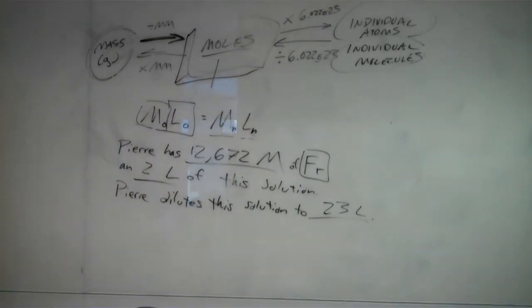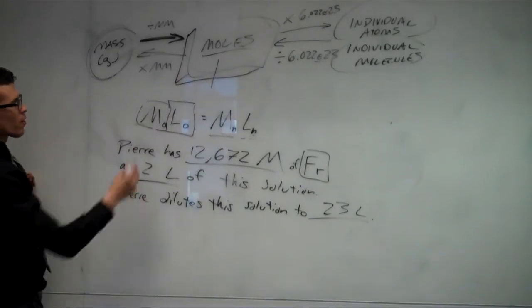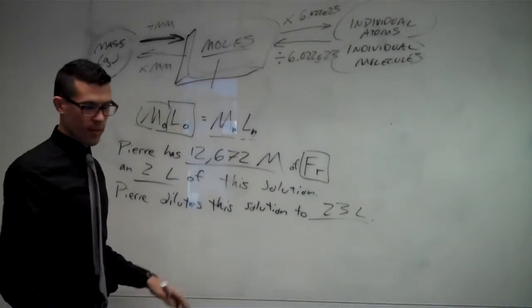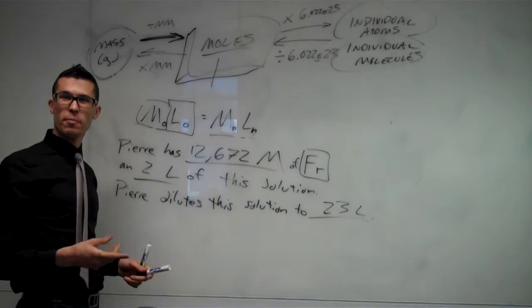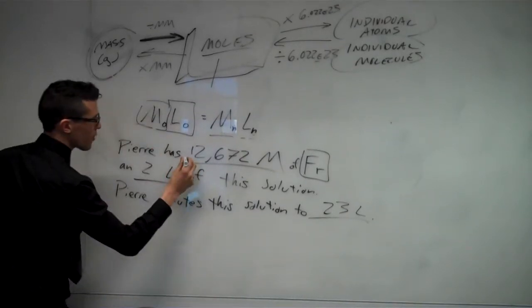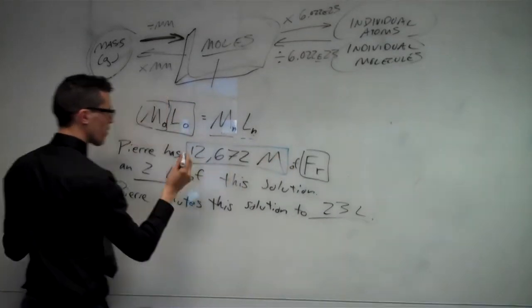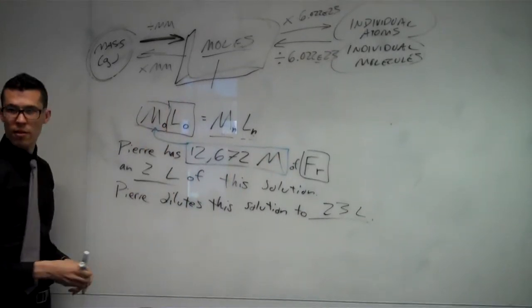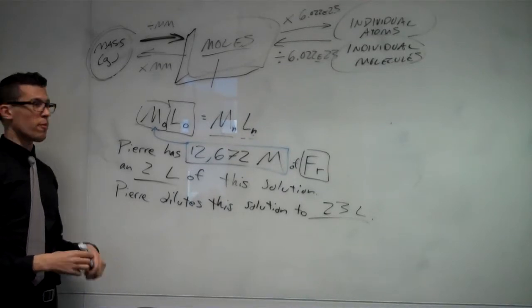How do you set this up? Well, you plug these things into MoLo and MnLn, and you're going to find the Mn. So we've got this right here, this is going to be the Mo.